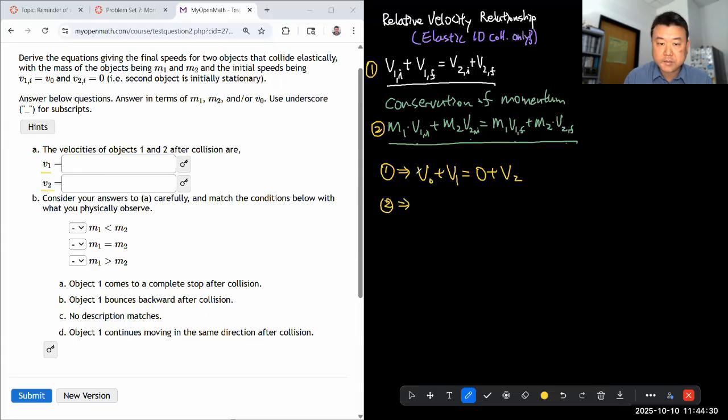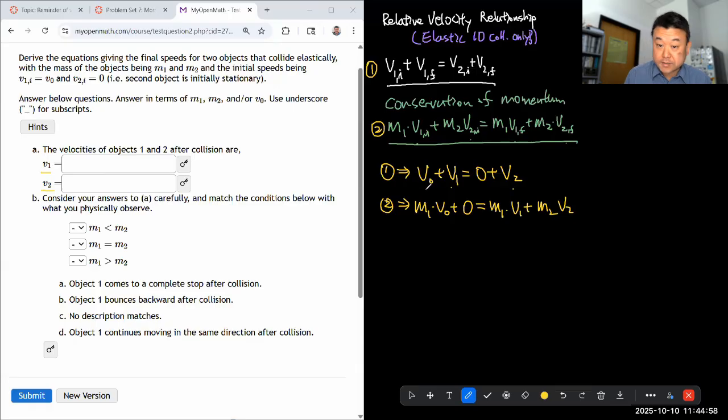Equation 2 becomes, they have different masses, so I can't cancel masses. It's M1 times V1 initial, which is V0, plus, this will be 0 because V2 initial is 0, is equal to M1 times V1 final that they are calling V1 plus M2 times V2 final that they are calling V2. So two equations, two unknowns, easy to solve.